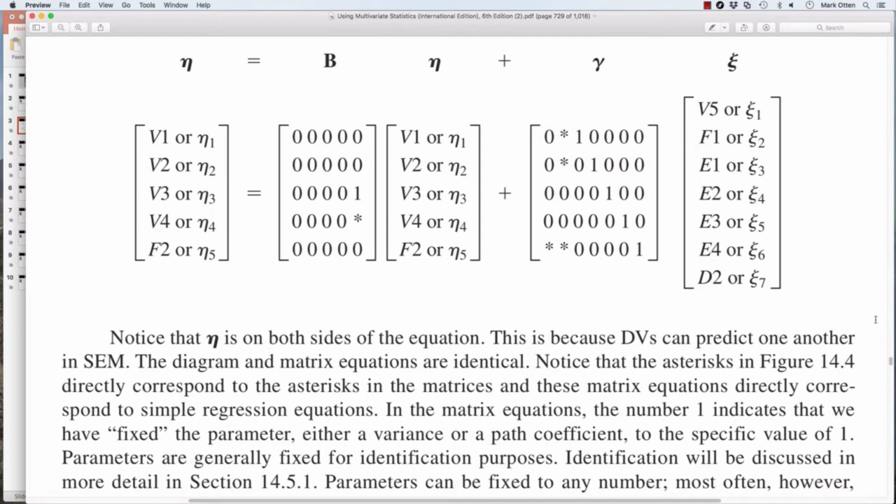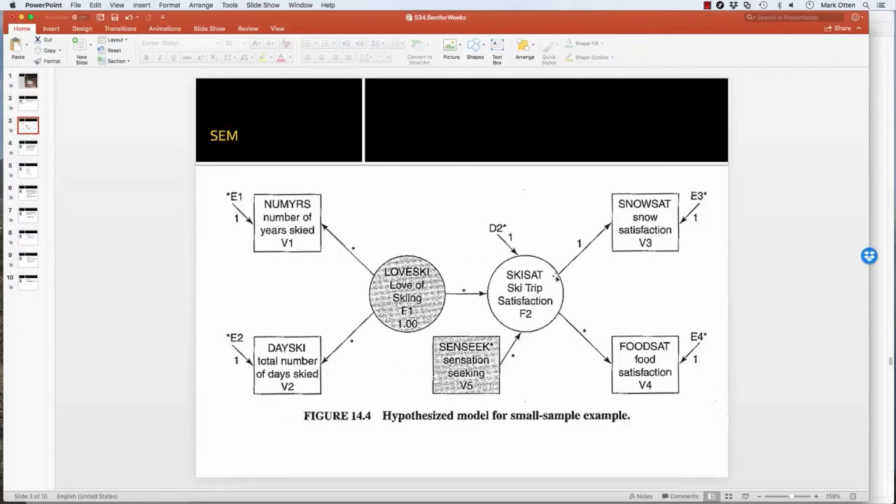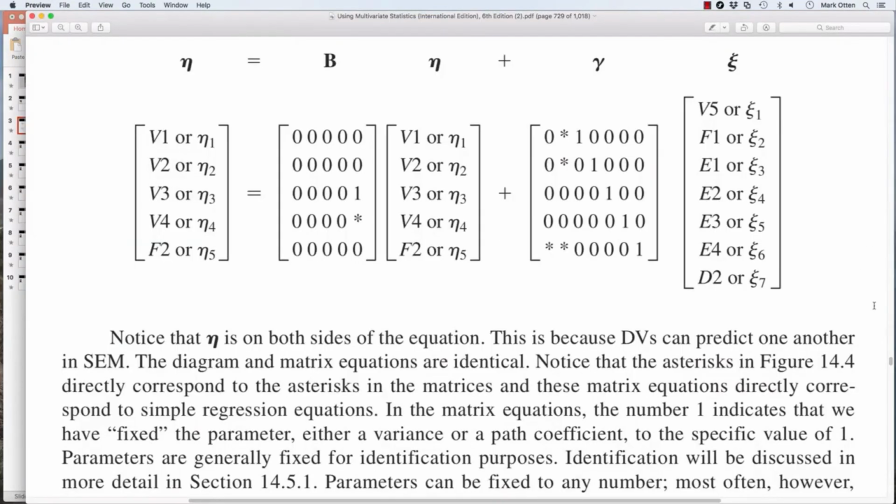So that beta matrix there is basically a really complicated looking representation of just the 1 and the star that represent your factor loadings, your initial values for factor loadings for V3 and V4 composing F2. All right. So the beta matrix is complete, and also the eta matrix is complete.